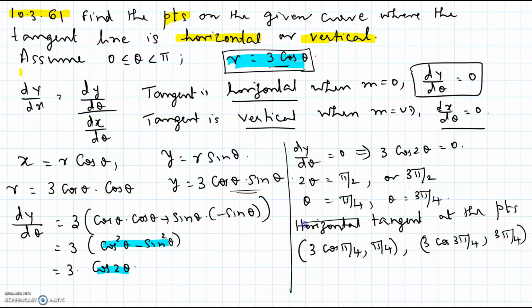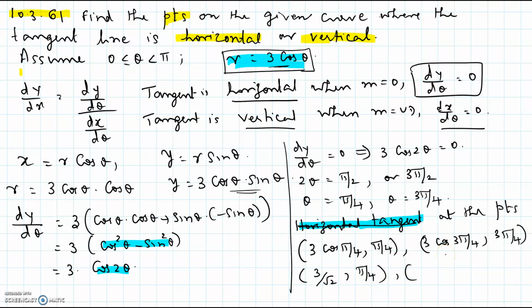So the horizontal tangents are at 3 cosine pi by 4, which is 3 over square root of 2, comma pi by 4.